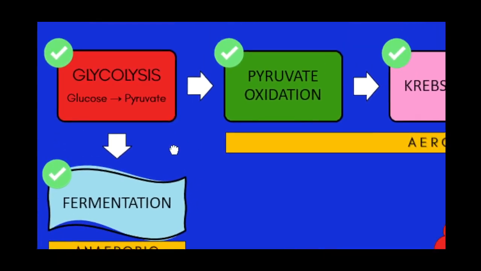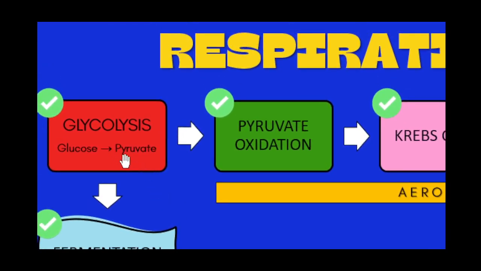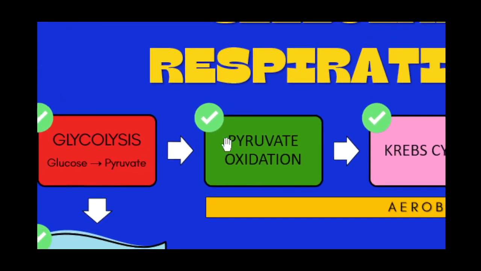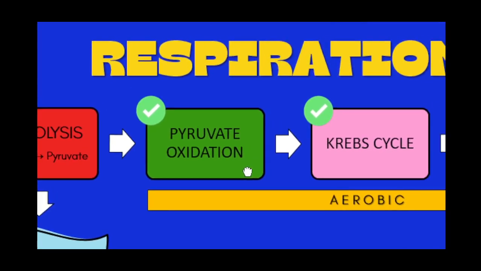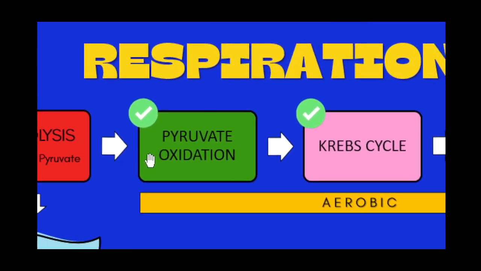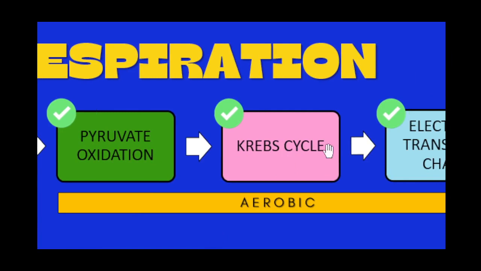But if oxygen is present, after converting glucose to pyruvate, pyruvate oxidation will take place, where pyruvate will be converted into acetyl-CoA. Then after, it will also have a migration from the cytosol to the mitochondria. And then afterwards, Krebs cycle will take place. This is now inside the matrix.